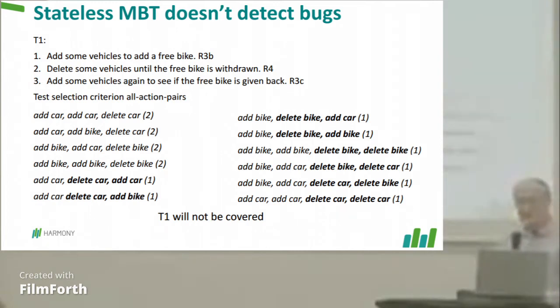But you can see that not only T1 will not be covered, but even the first step will not be covered, because to cover the first step, we should add 3 cars or 2 cars and 2 bikes. But in these test cases, there are no 3 additions in a row.